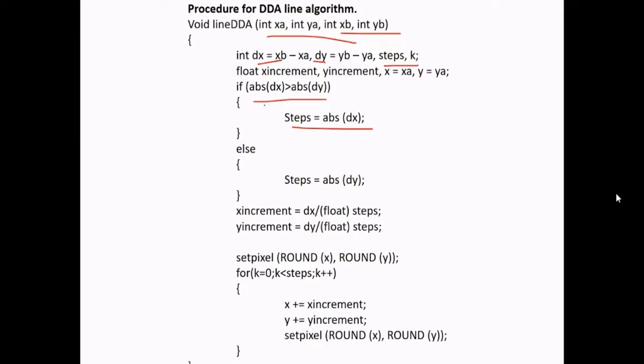So we check the absolute value of delta x and delta y. If the absolute value of delta x is greater than the absolute value of delta y, then we assign the number of steps to the absolute value of dx. If the absolute value of dx is 5 and the absolute value of dy is 3, then we take that number of steps.